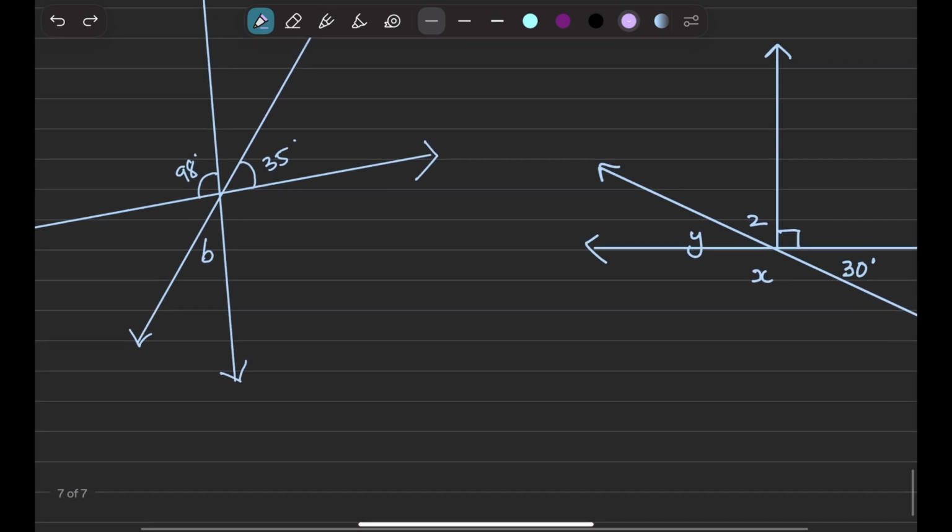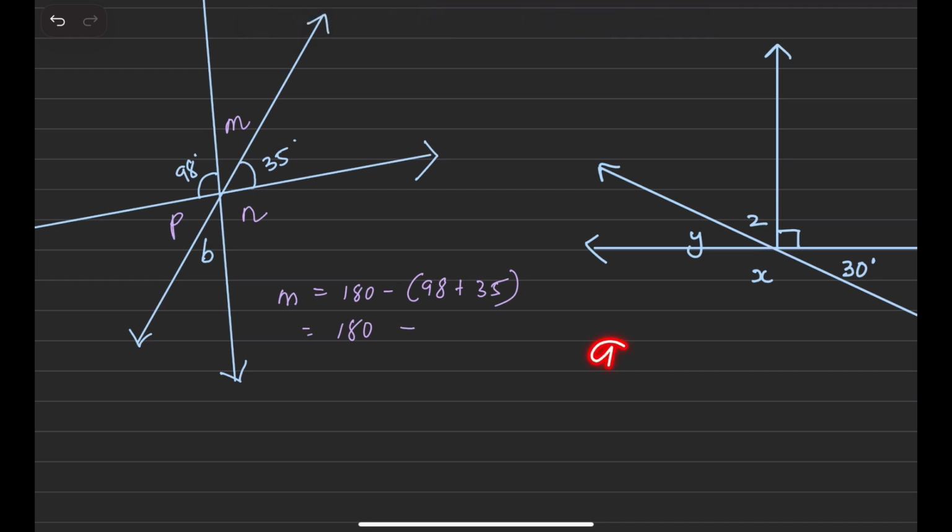Let us just name our angles whatever we want because they have not asked us this. So let us name this M, and this will be N. This will be, say, P. First, let us find out M. M is equal to 180 minus 98 plus 35. 180 minus, how much is 98 plus 35? 133.